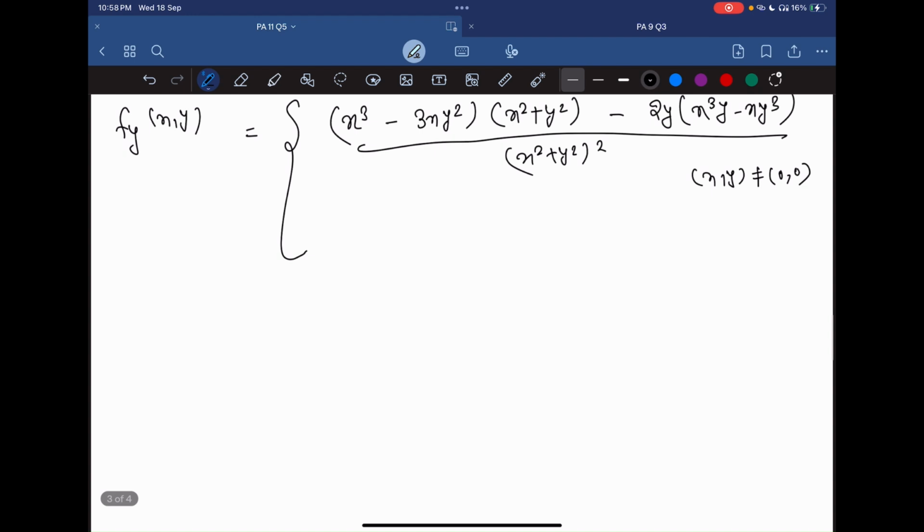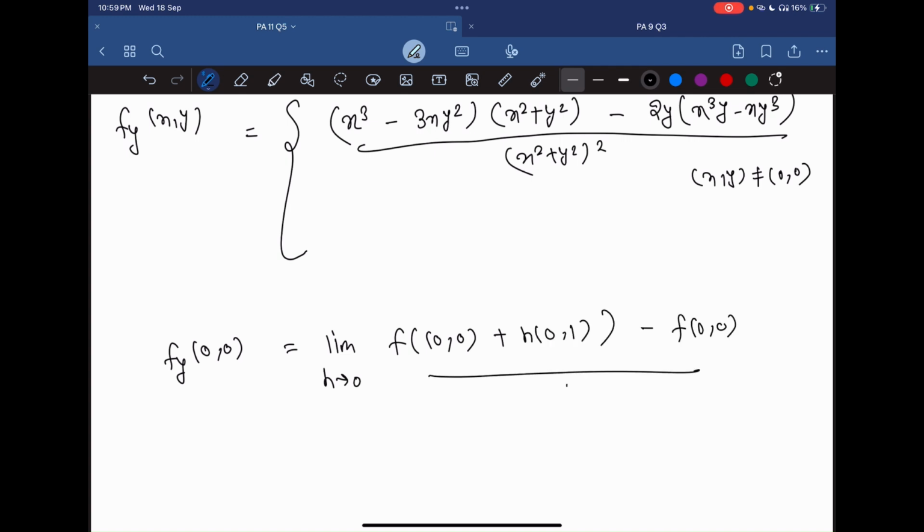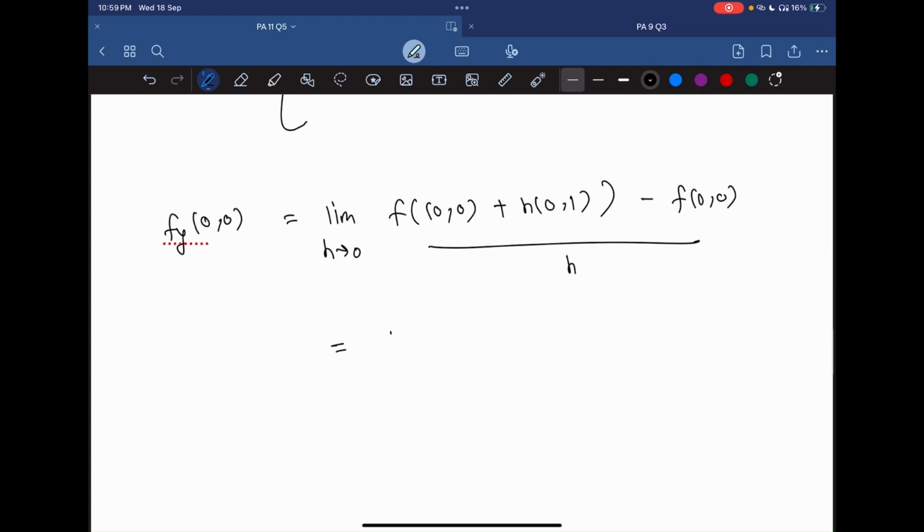And again, for the partial derivative with respect to y at the point (0, 0), we will use the limit definition.